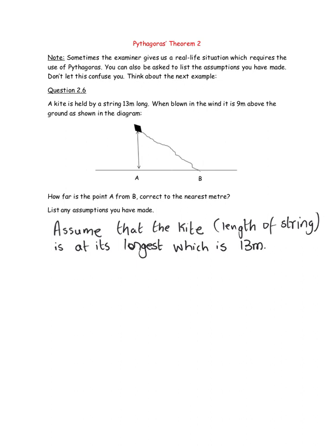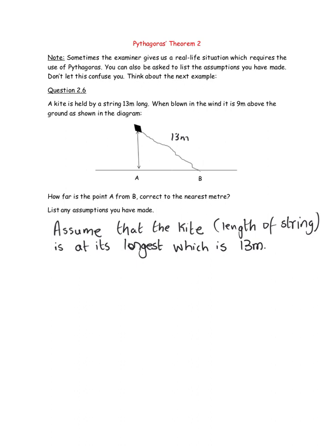So what we're assuming is that in this question, the distance from the kite, which is at the top of line A, down towards B is 13 meters. So we're assuming that the kite is out that 13 meters long.